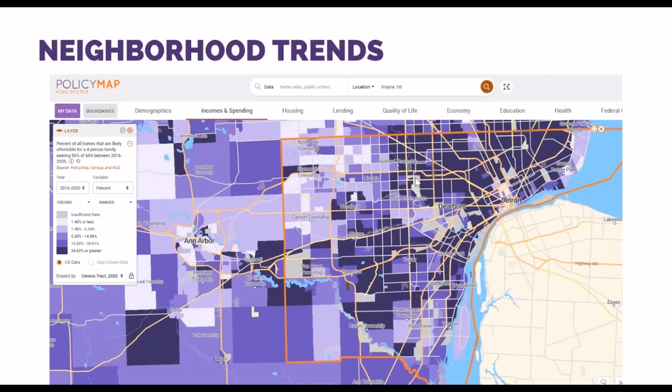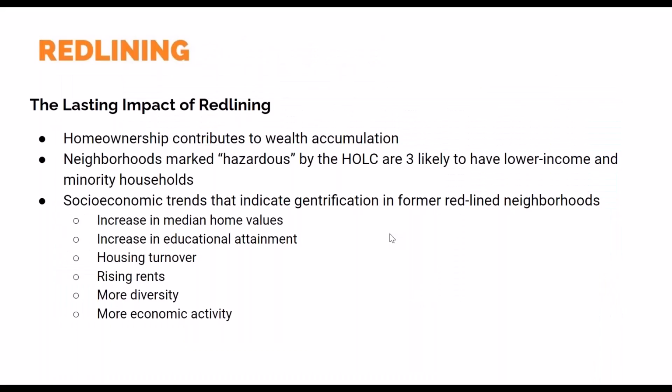And then you can also map data on homes that are likely to be affordable, and what areas in and around Michigan a four-person family earning 50% of AMI will be able to afford to live in within these communities. So it's really, really helpful.